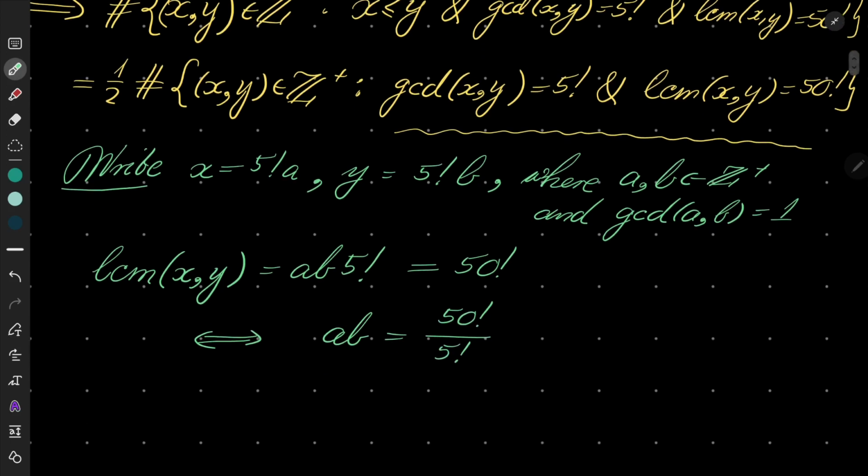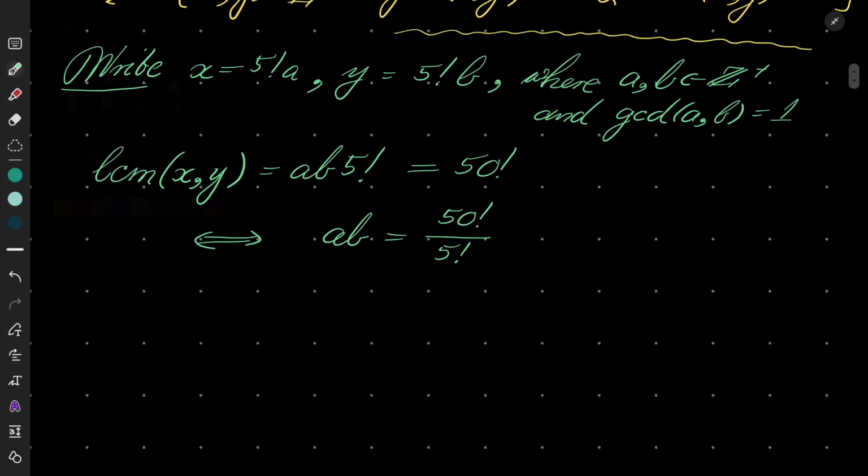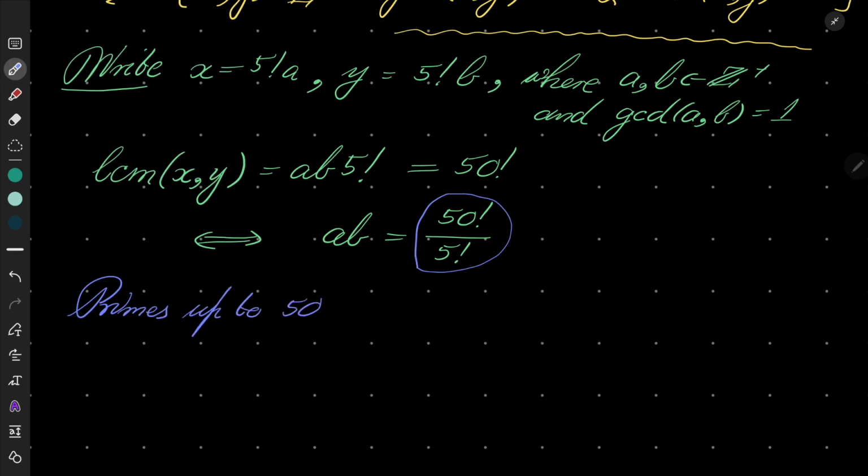Okay. Now, let's see how many prime divisors this number has. Well, primes up to 50 are the following.